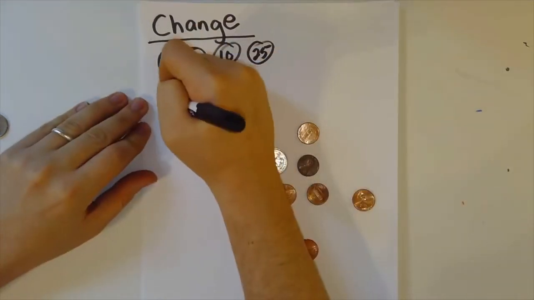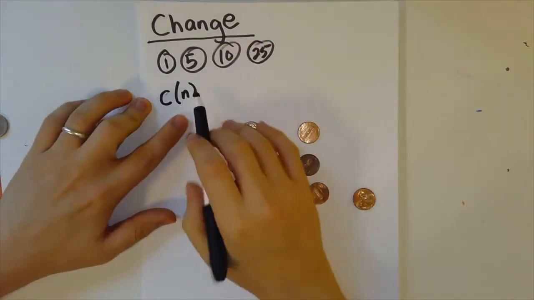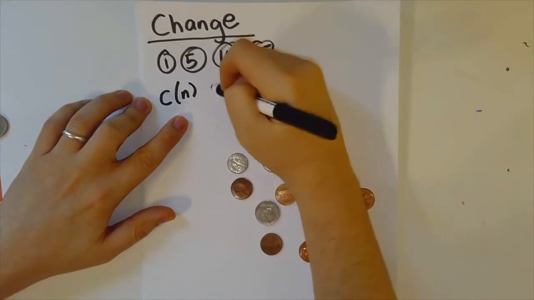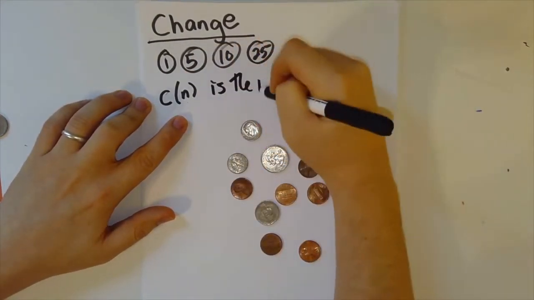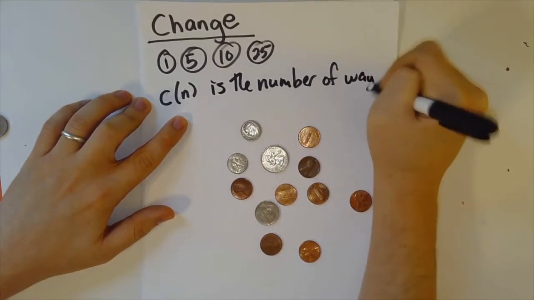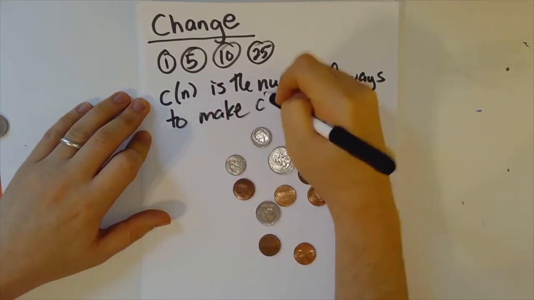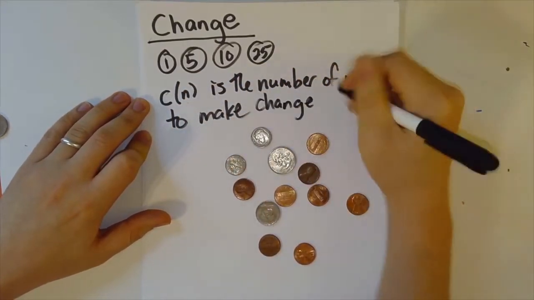But I'm going to ask in general, if C of n, for n some positive integer, is the number of ways to make change for n cents.